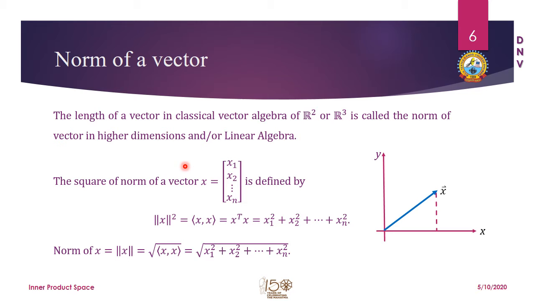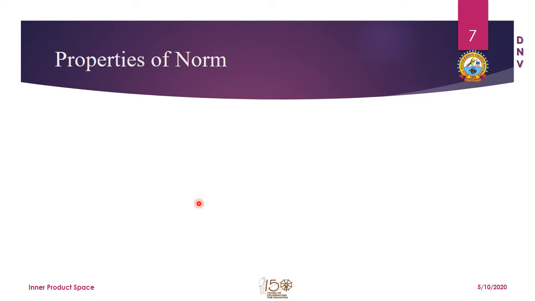It possesses certain important properties which will be useful in defining the inner product spaces and in solving further problems. So let us see the properties of the norm. Number one, the norm of a vector is always non-negative, that is, it is greater than or equal to 0. It is also known as positive definiteness of the value of the norm of a vector.